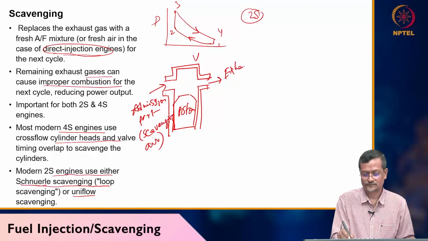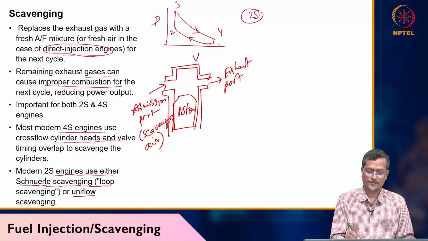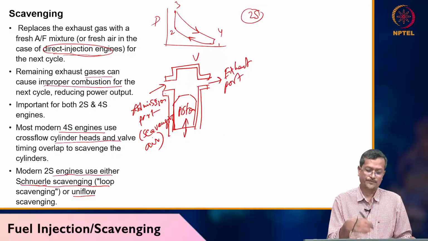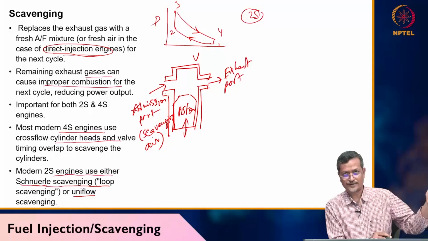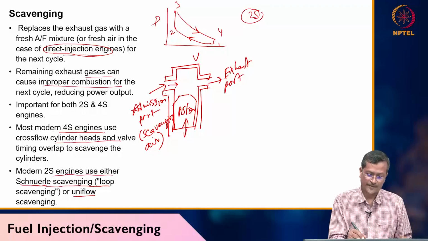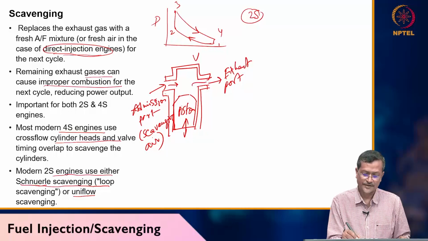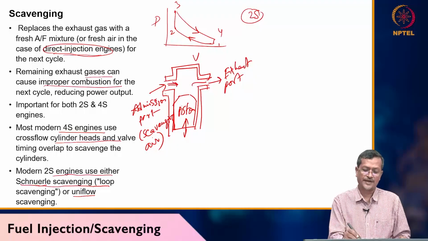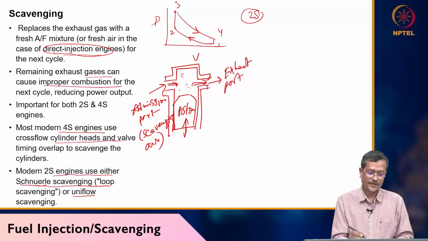The piston will be moving up and down. Through the admission port, air will be entering, and at the same time the burned gas will be exiting: fresh air or air-fuel mixture entering and burned gas exiting. So this is called cross-flow scavenging.